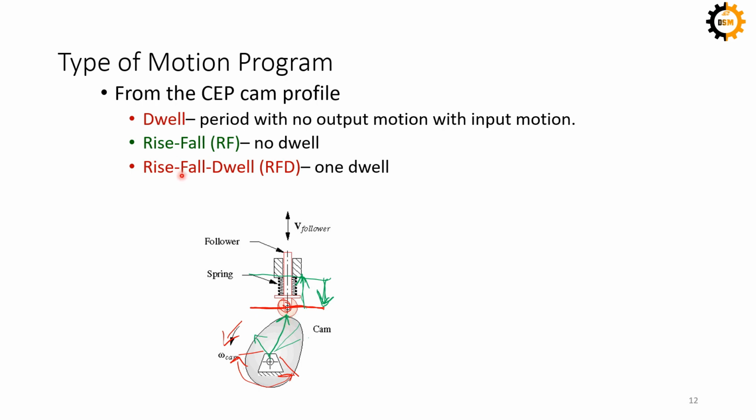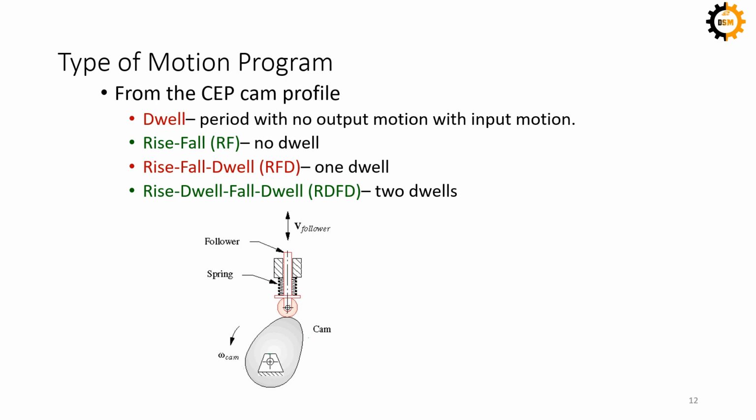So between rise and fall, there is no dwell, meaning that the radius starts increasing, then it suddenly starts decreasing, and then there is a portion where there is no increase or decrease in the radius. Okay, so we call it rise, fall, dwell, or RFD.